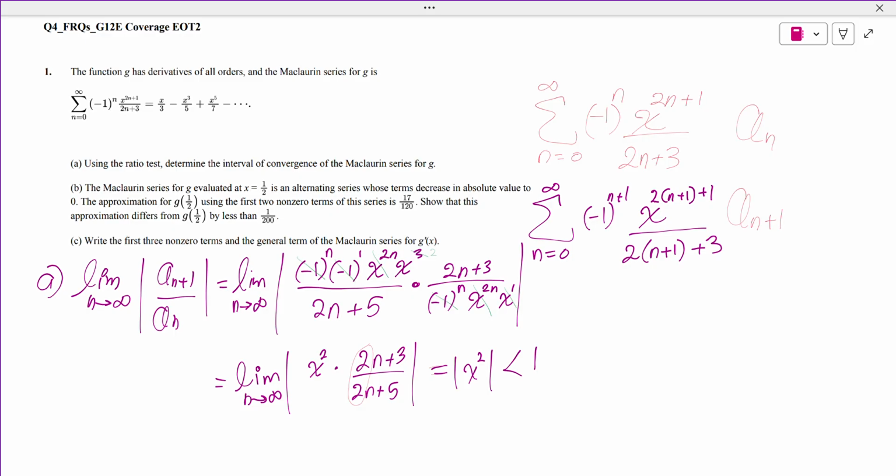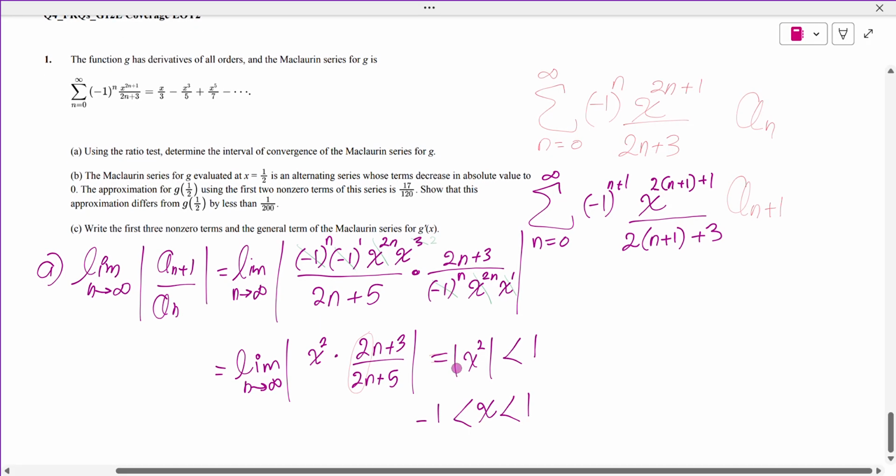That means x is between minus 1 and 1. So this is the interval of convergence, but we need to check now the endpoints, the -1 and the 1. Are they included? Do they make this series converge or not? So we need to check them.